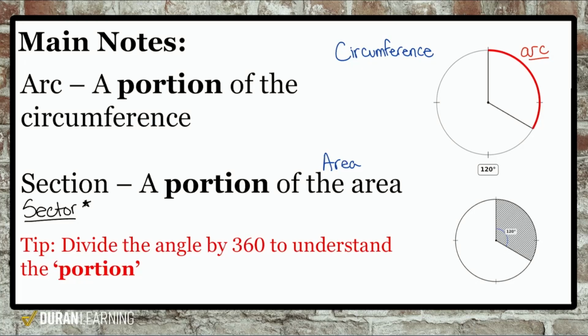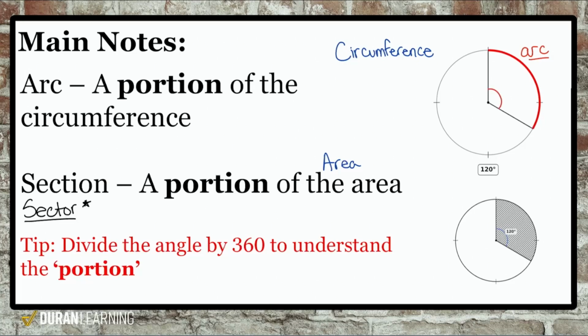Either way is fine. But this is the idea that I want us to understand before I let you write this down and before we get into everything else. What I want you to understand, again, is that arc is just part of the circumference. Sector is just a portion or a part of the area. That's it. How we actually calculate it is going to depend on the angles that we are given.